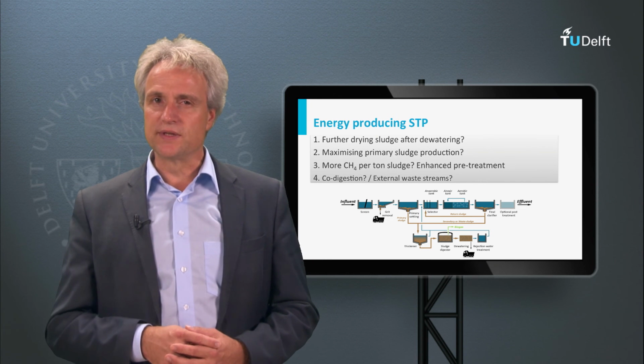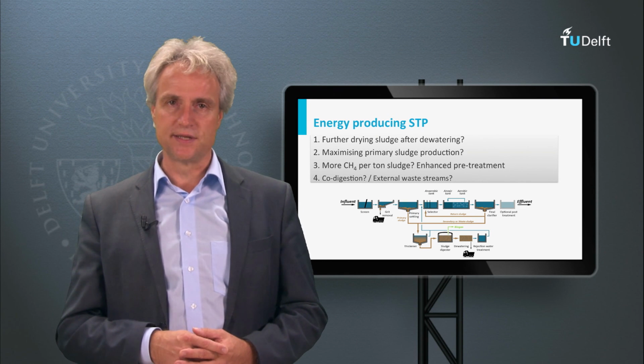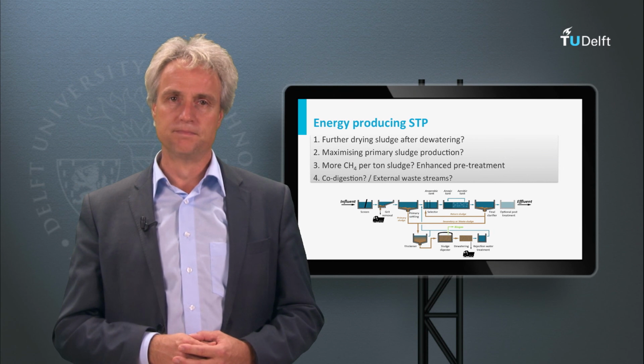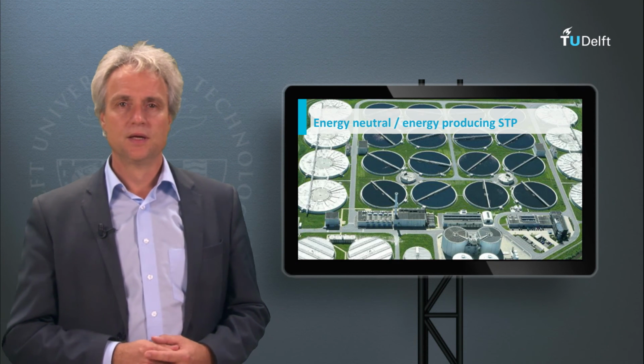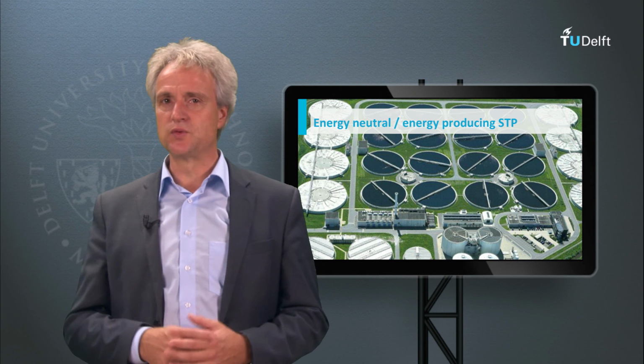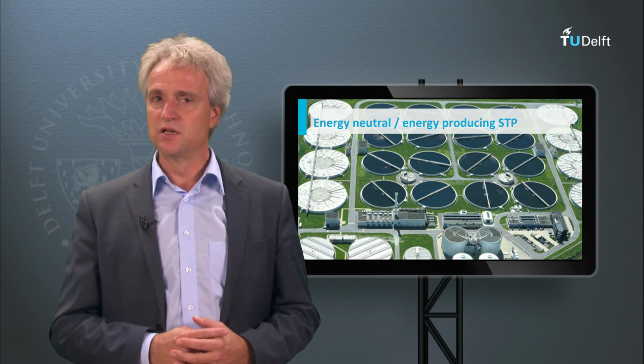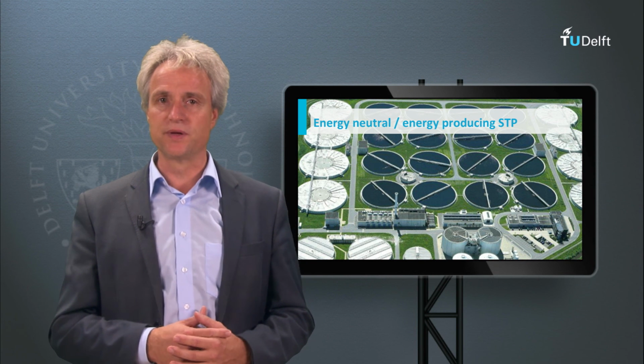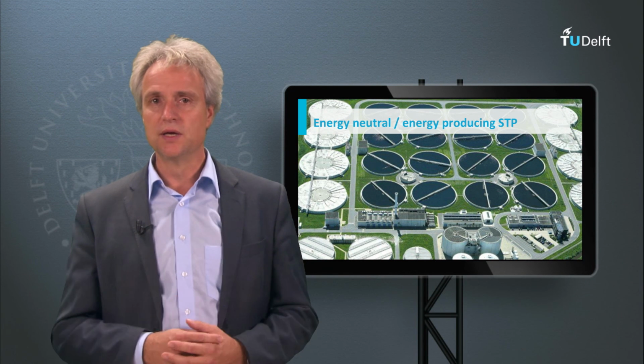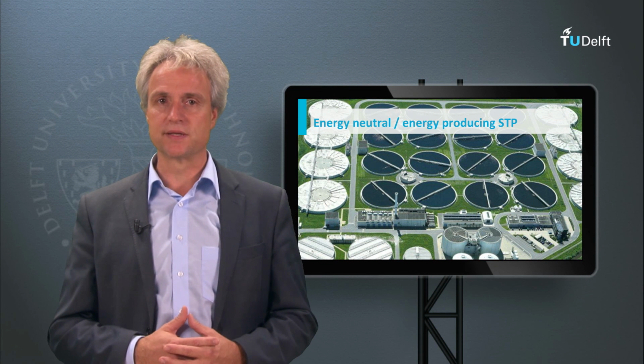The additionally generated energy will then positively influence the energy balance of the STP. By applying more energy-efficient treatment technologies and by recovering more usable energy from the sewage sludge, the Dutch water sector is aiming at developing energy-neutral or maybe energy-producing sewage treatment plants.